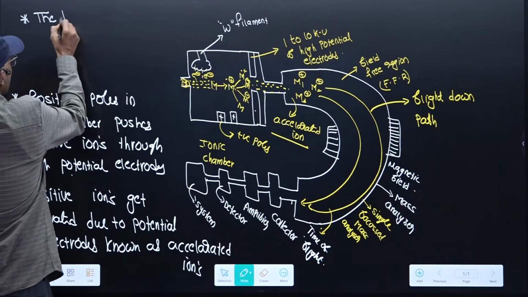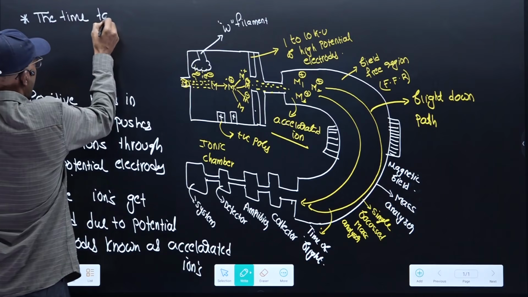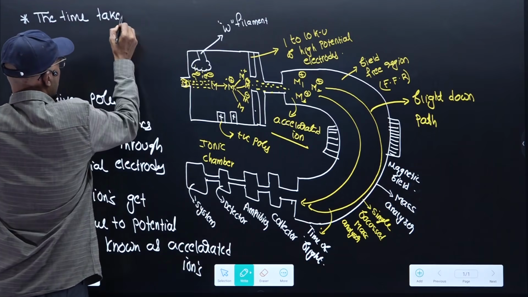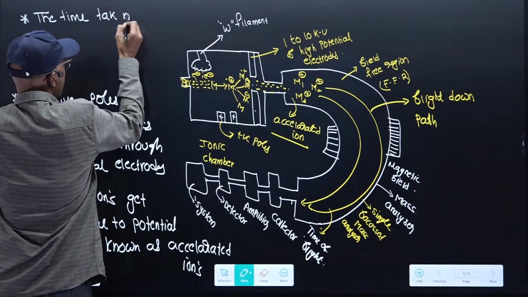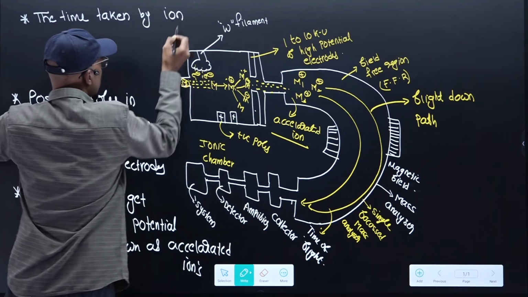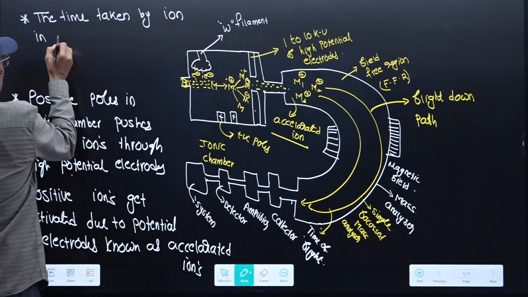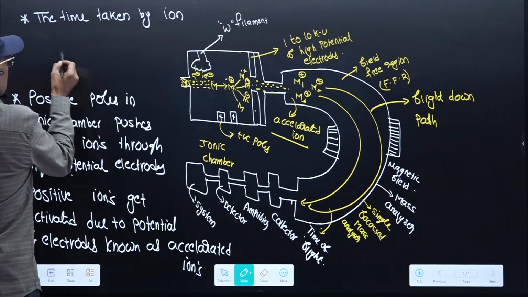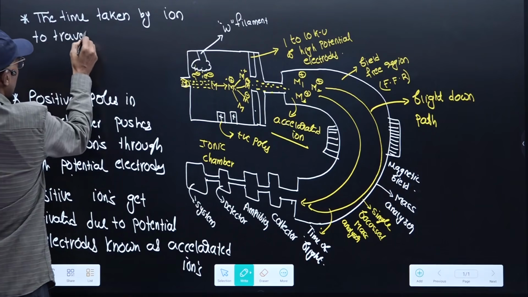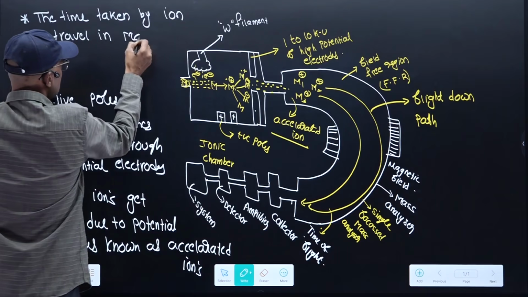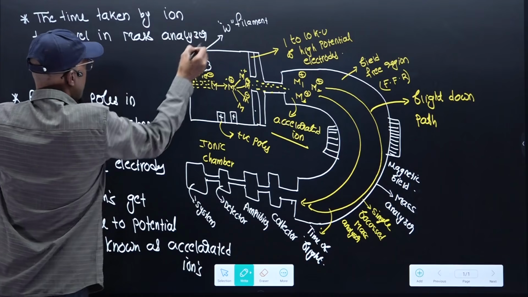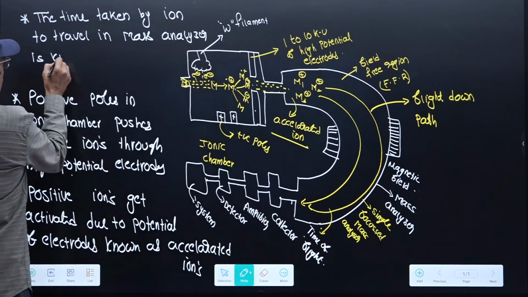So the time taken by an ion to travel in the mass analyzer is known as time of flight.